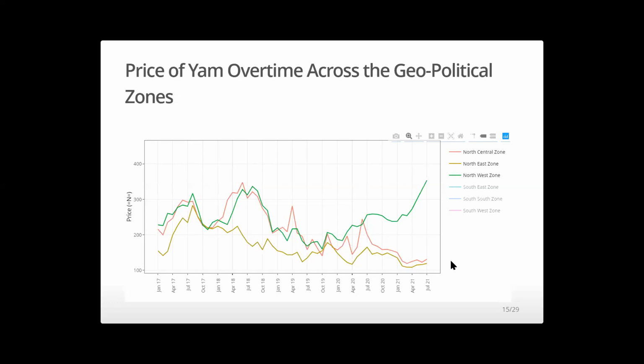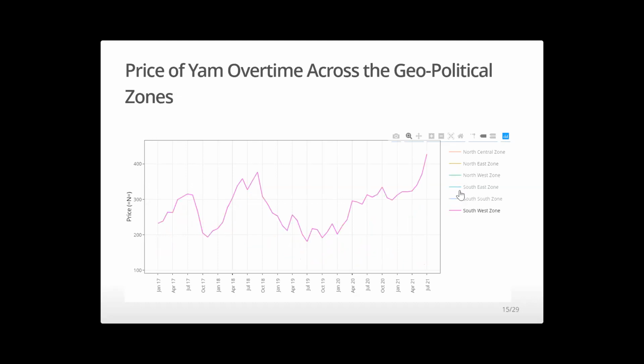Now, you can see that basically we've started answering some basic questions. So why is north central a bit lower as compared to northwest, which is a bit higher in terms of the series? Then let's move on from there and see what happened in the southern zone.